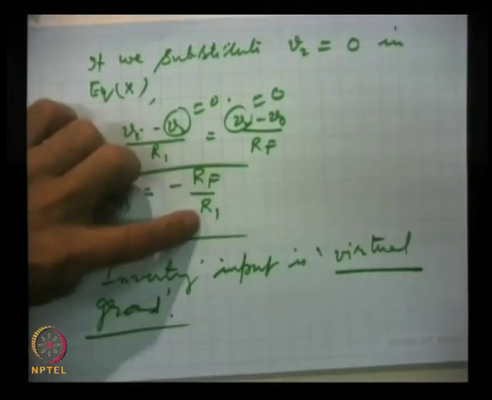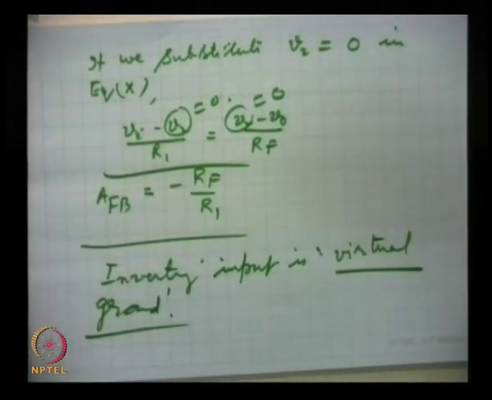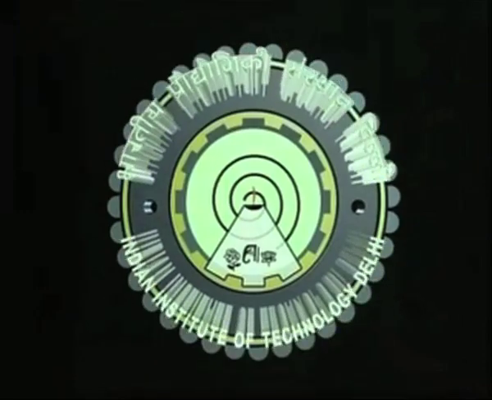Choose these appropriate values for the desired gain, and the inverting input is a virtual ground, and we will continue our discussion. This is a very important point to remember, that the inverting input is a virtual ground, it is at ground potential.